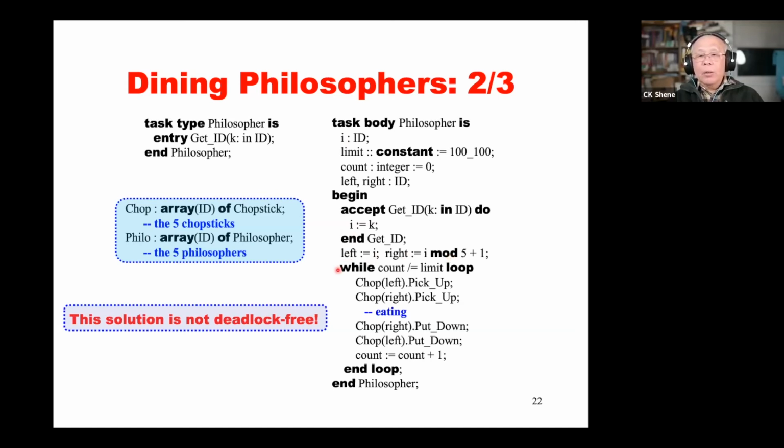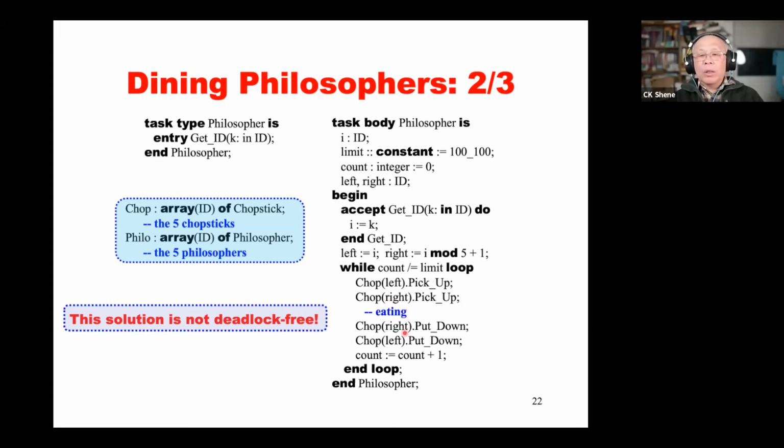So then we are entering a thinking, eating cycle. As long as the current count, which was initialized to 0 here, is not equal to the limit, pick up the left chopstick. That is, we call the left chopstick's pick up. Then we call the right chopstick task's entry point pick up. If we could get both, we eat, and so on.